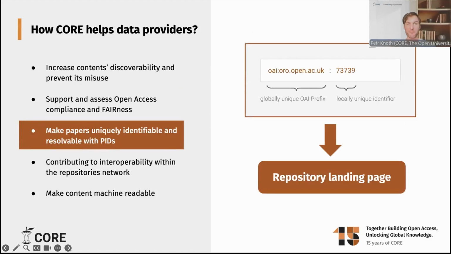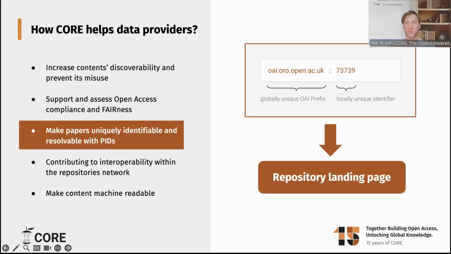We also make papers uniquely identifiable and resolvable with PIDs. A lot of people these days still believe that everything in a repository must have a DOI. Some people wrongly believe that unless something has a DOI, it's not good research, which of course is nonsense. Because of these false beliefs, people often pay a lot of money for minting DOIs, while there are free alternatives. We don't mint these identifiers; they are already minted.